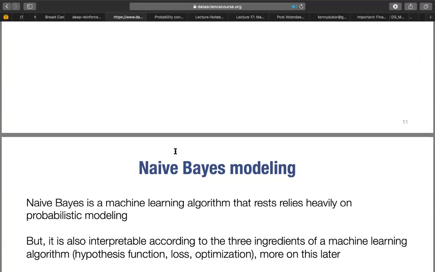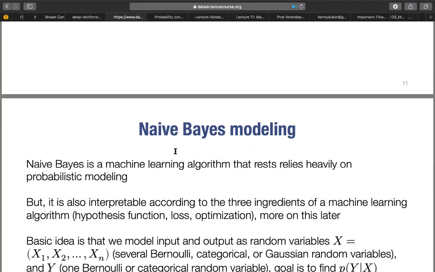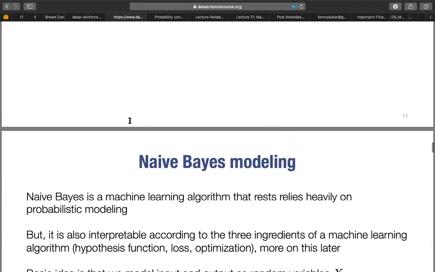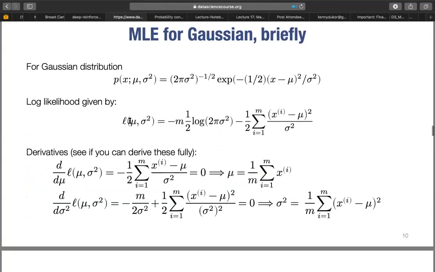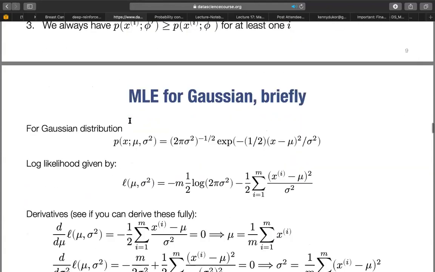When I say probabilistic modeling, what I mean is it has a lot of probability in it. And just like every other machine learning algorithm, it also uses the idea of a hypothesis function, a loss function, and then the optimization, where the loss is your maximum likelihood estimation, right?